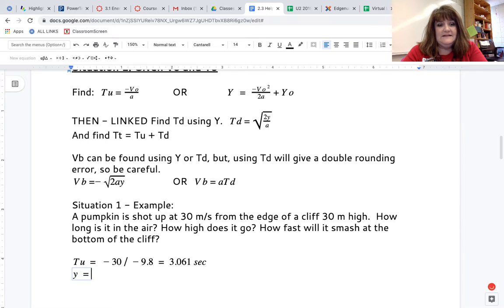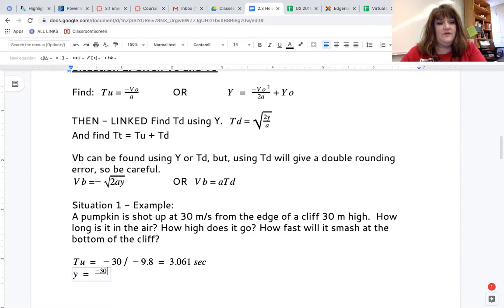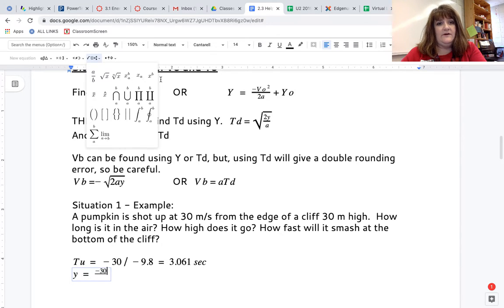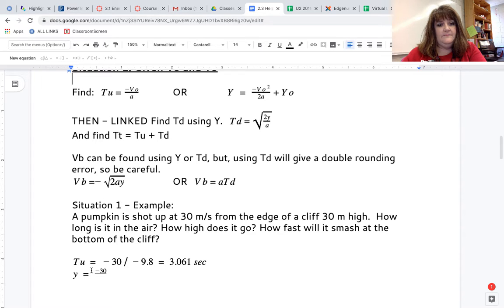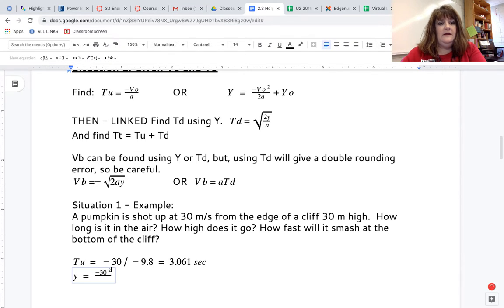Now, my height, and this is a new equation. My height is equal to the fraction of negative 30 squared over 2 times a negative 9.8 plus 30, plus that initial height.